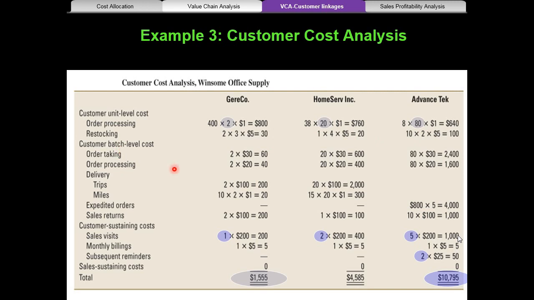We have an order taking fee of $30, and you notice Advanced Tech has an order taking fee of $30 too, but Advanced Tech used the 80 orders, Jerry Company only used 2.